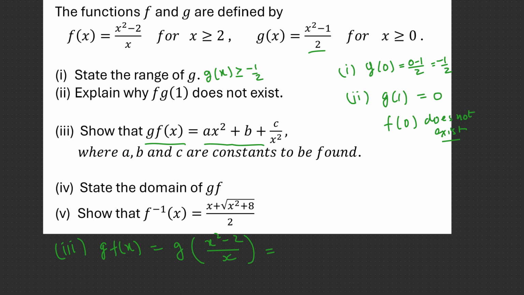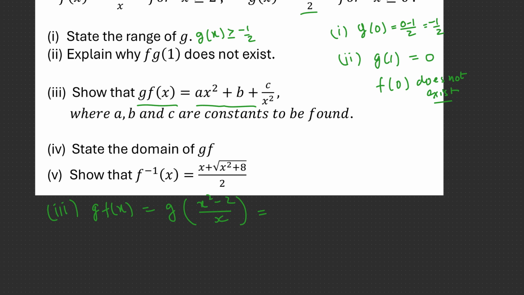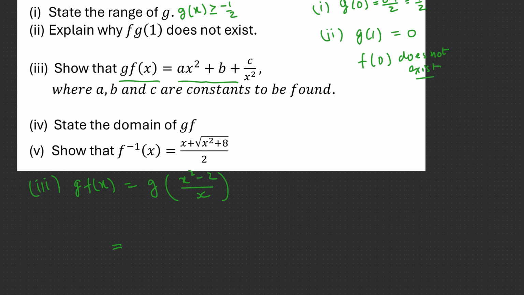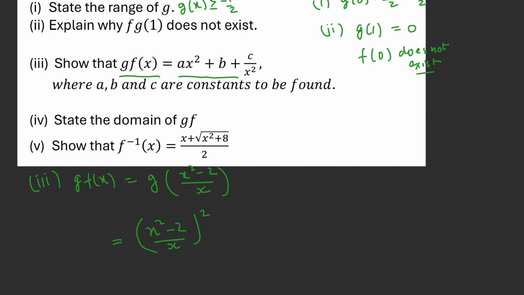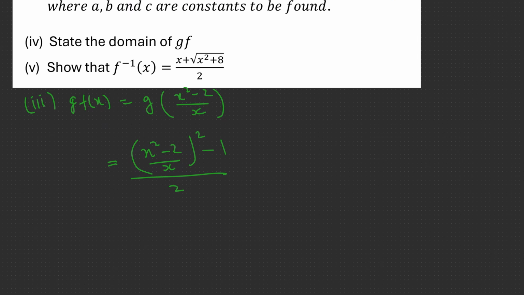So we need to replace x with this (x squared minus 2) over x, so that is equal to ((x squared minus 2) over x) whole squared, minus 1 over 2.